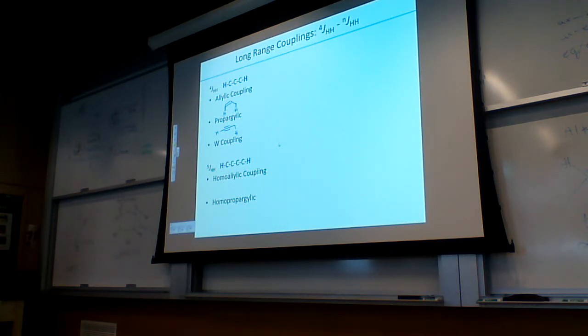For the allylic coupling, our typical values are going to be, oh, no, we've moved on to 4 now, so it's a J4 coupling, HH, and we're looking at 0 to 3 hertz. And these are, I'll say, sporadic.